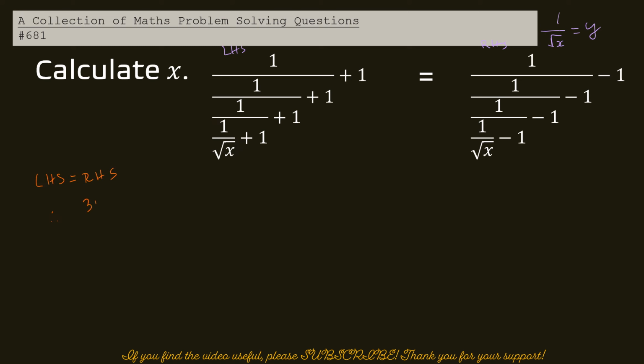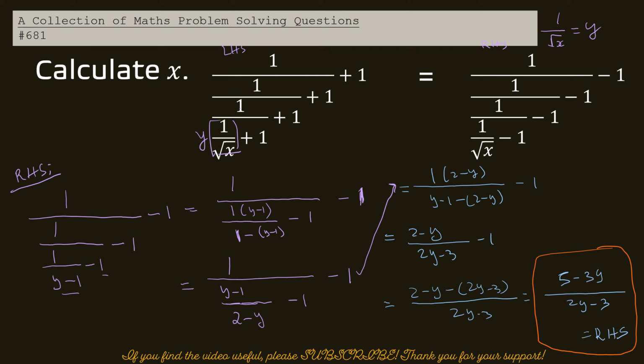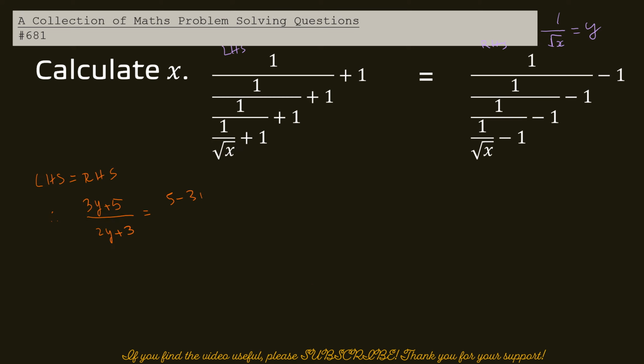So I can say 3y plus 5 divided by 2y plus 3 equals, what is my right hand side? 5 minus 3y divided by 2y minus 3. And now I'm going to do my cross multiplication. So 3y plus 5 times 2y minus 3 equals 2y plus 3 times 5 minus 3y.